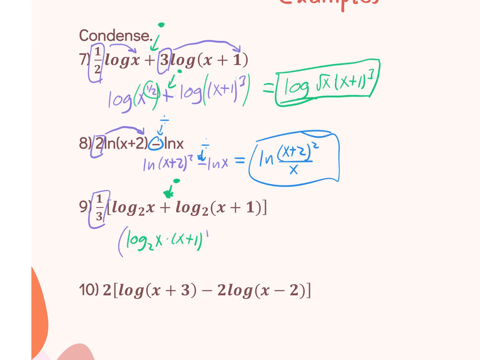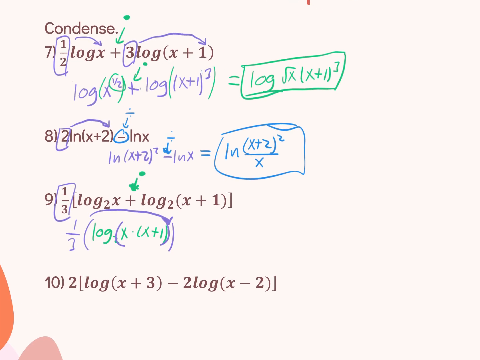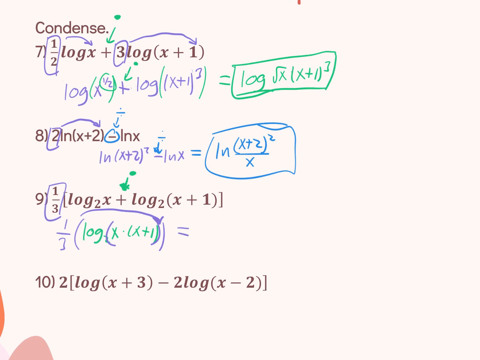And then all of this is to the 1/3, right? So this 1/3 is going to become the exponent of whatever's on the inside, right? Don't make that mistake. It's not the entire thing that is to the 1/3. It's just whatever's on the inside. And then this is going to become log base 2 of x times x plus 1 to the 1/3.